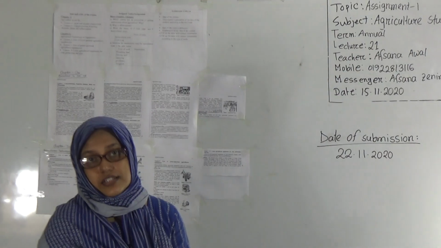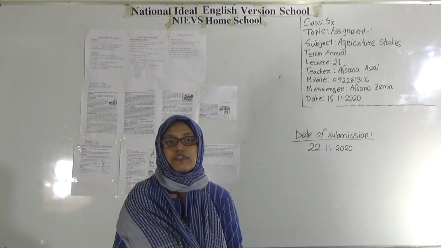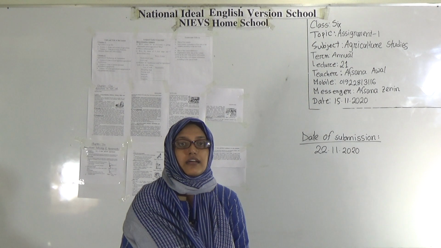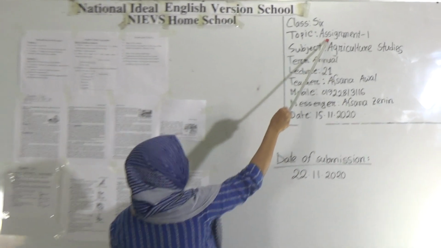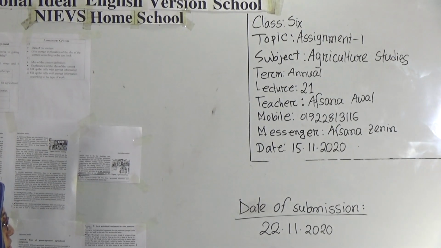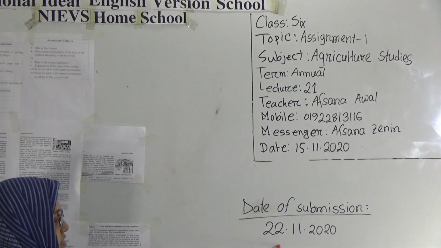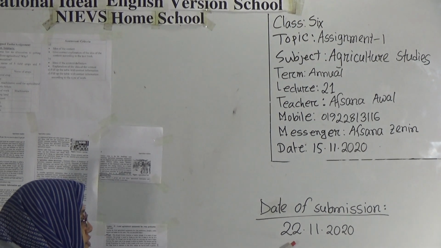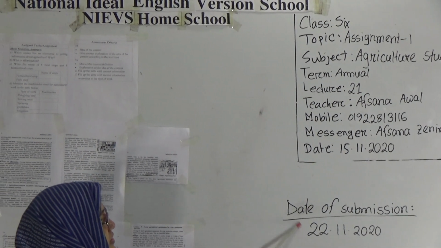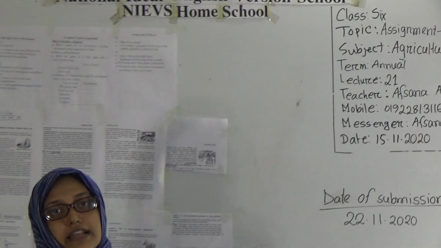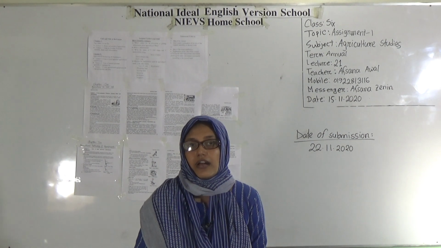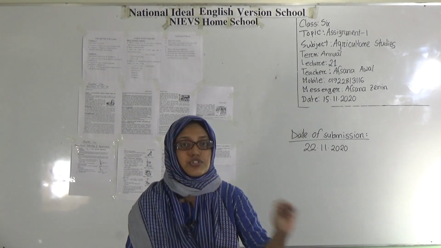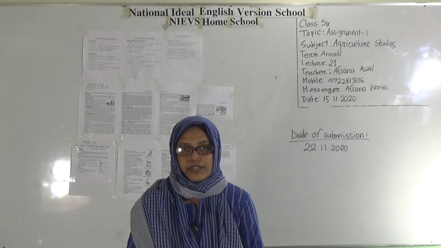Students, you can collect your cover page from the school, and you have to fill it up properly, and submit your first assignment on the due time, that means 22nd November 2020. This should be handwritten. No printing, writing should not be added here.